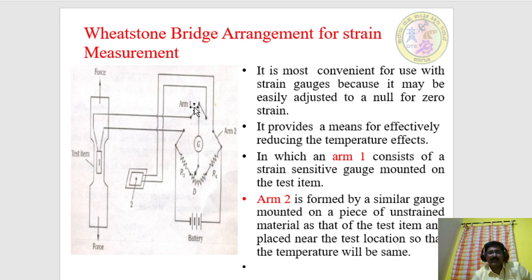You can look at this arm 1, which has been mounted on the test item, and arm 2 is formed by a similar gauge mounted on a piece of unstrained material, the same as that of the test item, and placed near the test location so that the temperature will be the same.